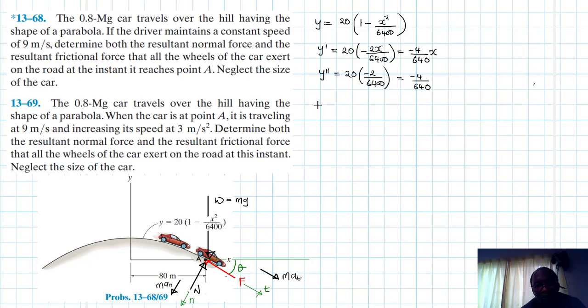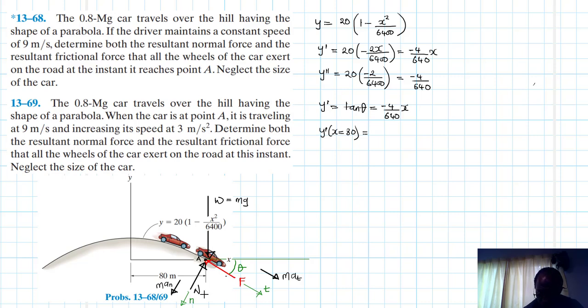Alright, but we do know that y prime, for finding the angle, is just equal to tangent theta. Okay, and this is equal to minus 4 over 640 times x. So y prime at x equal to 80, what do we have there?